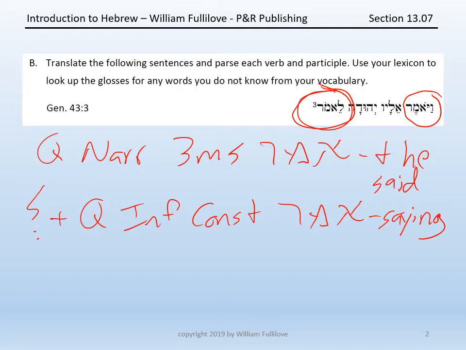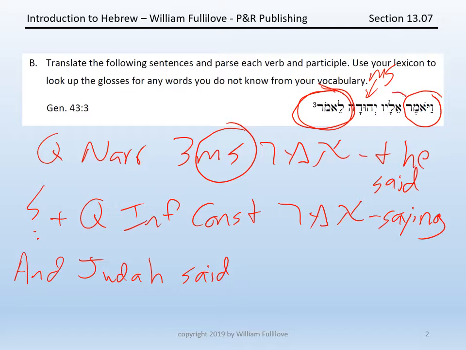I need to find subject or subjects. Quickly we see Yehuda, a proper noun. So, and Judah. To double check, Judah is a masculine singular noun, and my verb is a masculine singular verb, so that works as a subject. And Judah said.